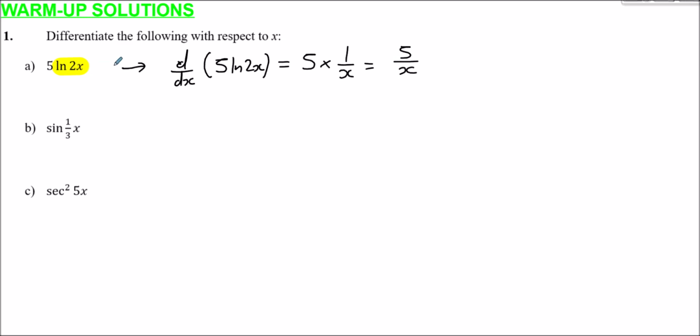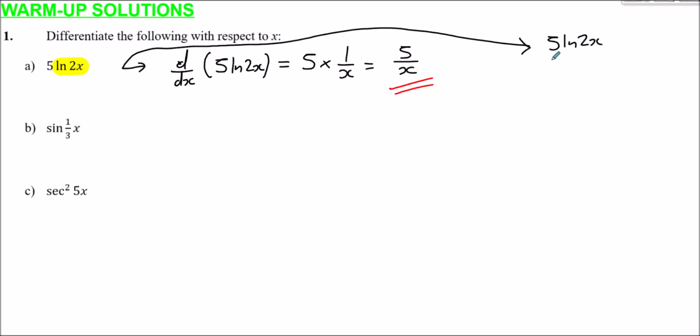What you could do, just to consider why this is the case, is actually expand this original function. I'm not saying do this all the time, but just to convince yourselves, 5 ln 2x is the same as 5, then using the laws of logs, ln 2 plus ln x. ln 2x can be split up like that, you see, which of course gives 5 ln 2 plus 5 ln x.